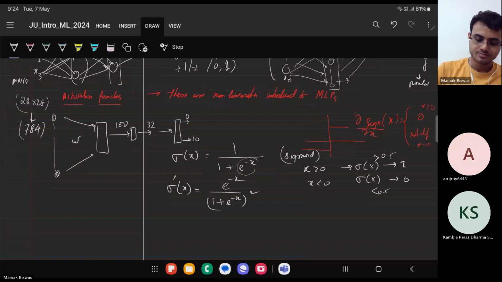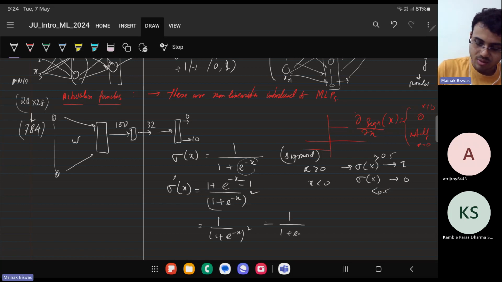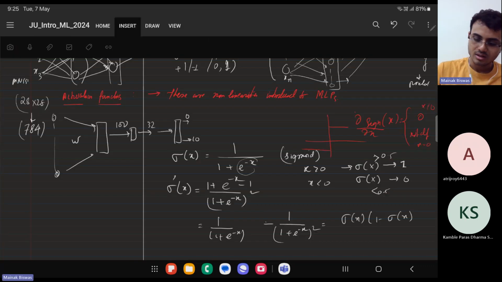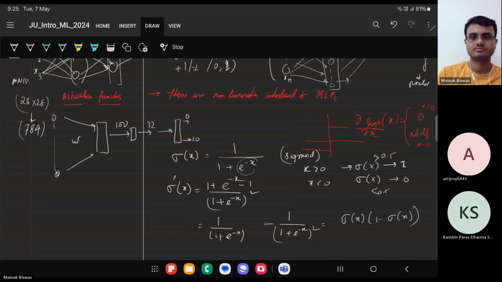By chain rule, which I can write as 1 minus 1 over (1 plus e to the power minus x), times 1 over (1 plus e to the power minus x), which is equal to sigma of x into 1 minus sigma of x. Do you agree? So this is less than 1. Do you agree?